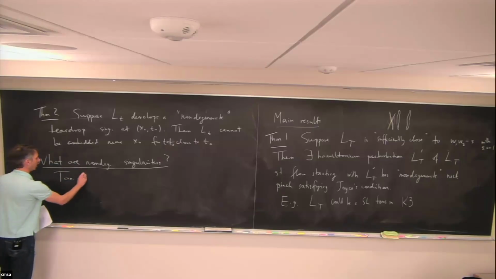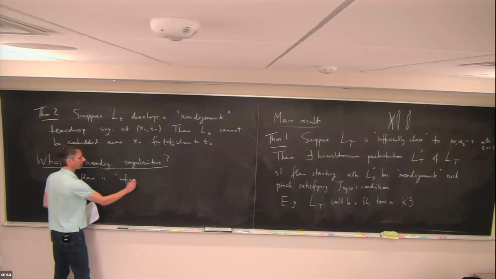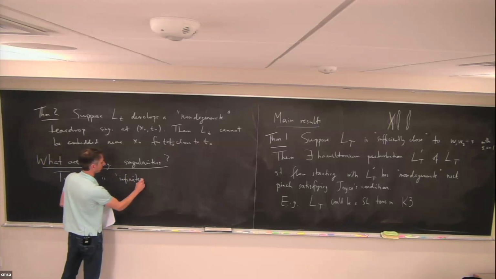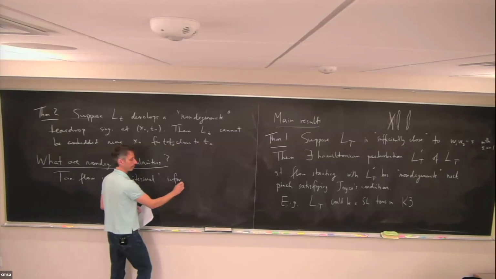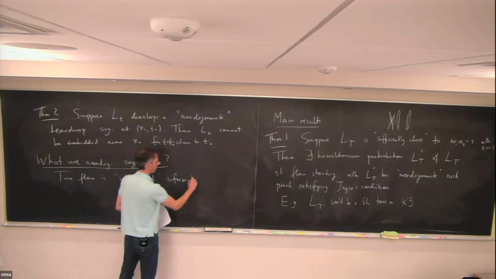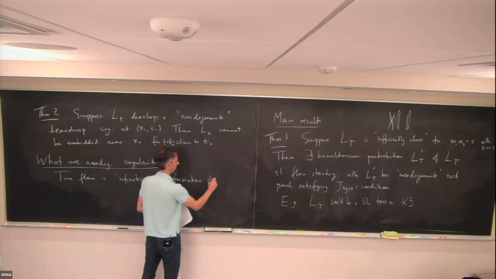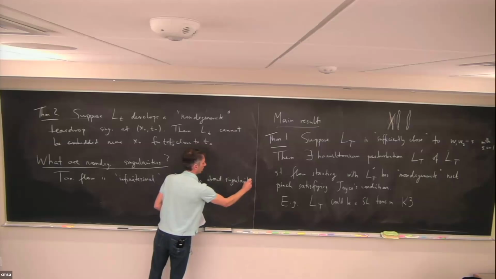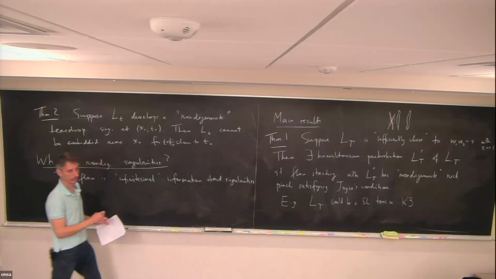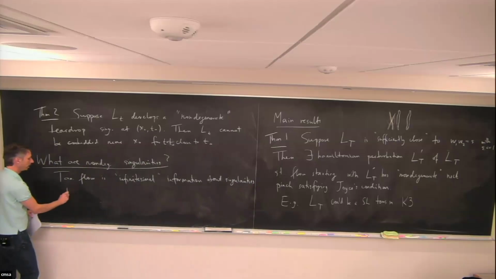So the tangent fluid is the infinitesimal information about the fluid. It just tells you, to leading order, what it looks like. To see this non-degeneracy, you need the next order term.